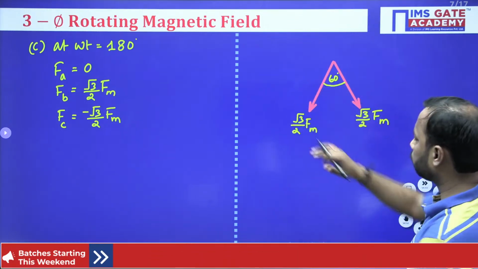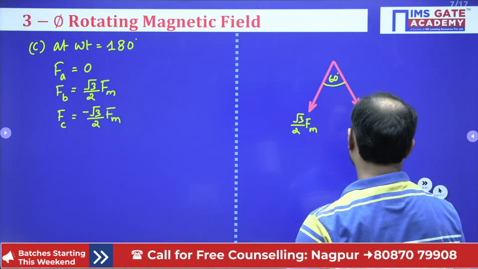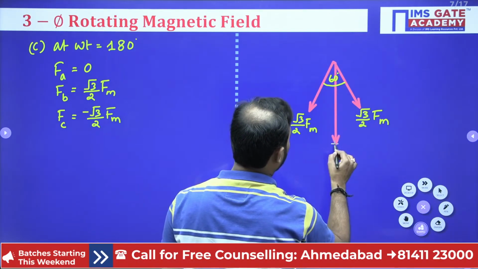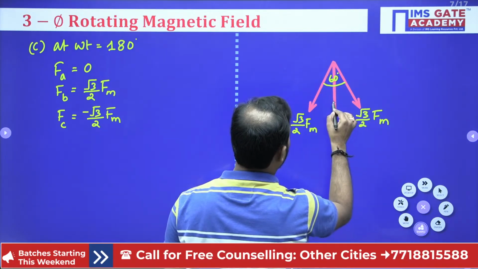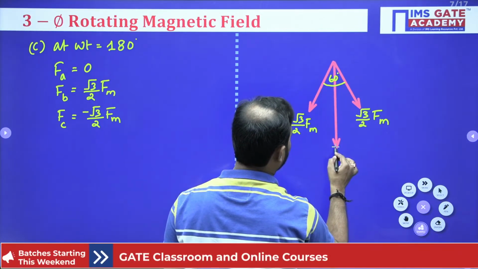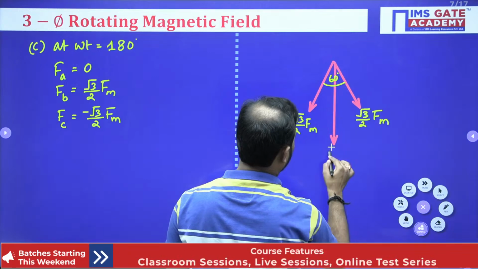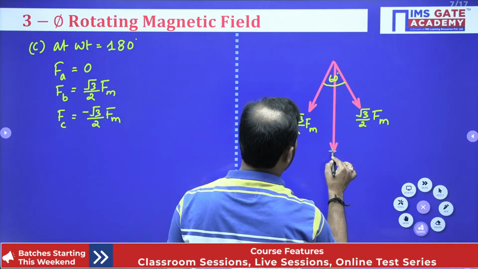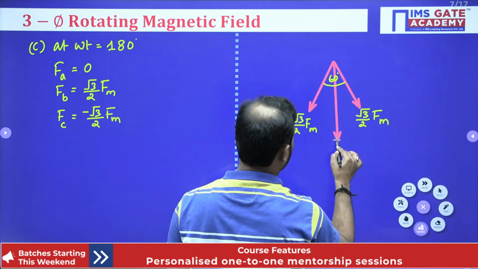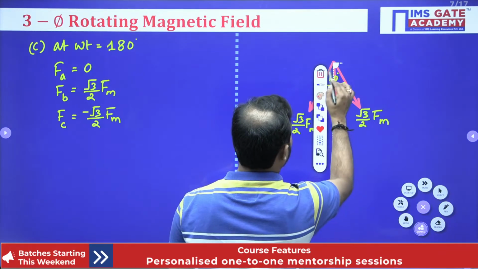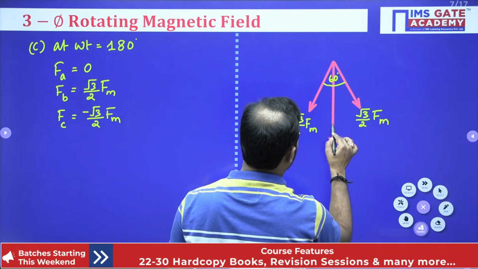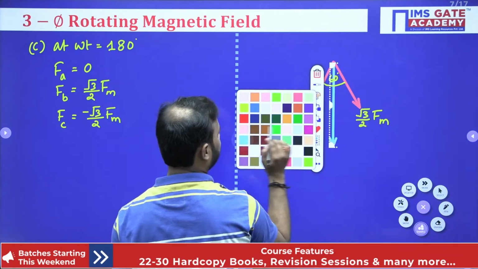Now let us resolve this root 3 by 2 Fm into two parts. All right, so let us resolve. One part will be vertically downward, like this. Let me use some different color.